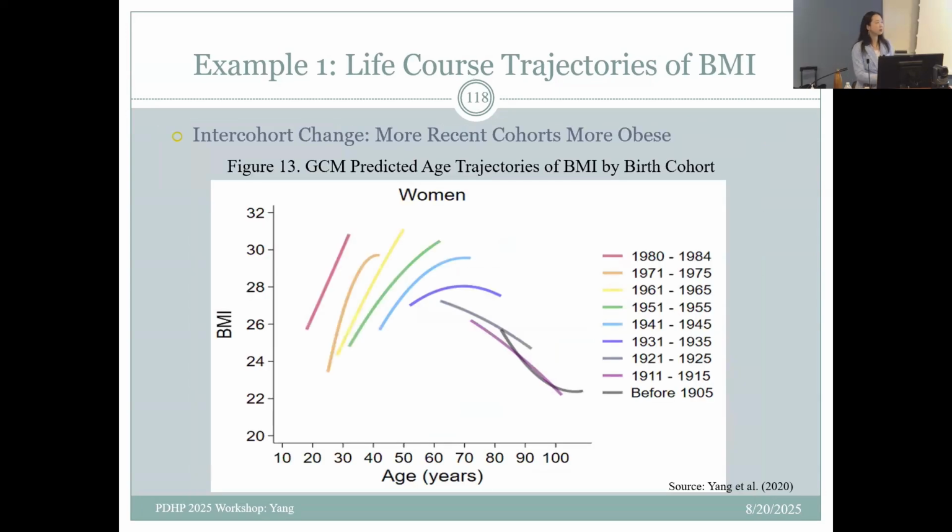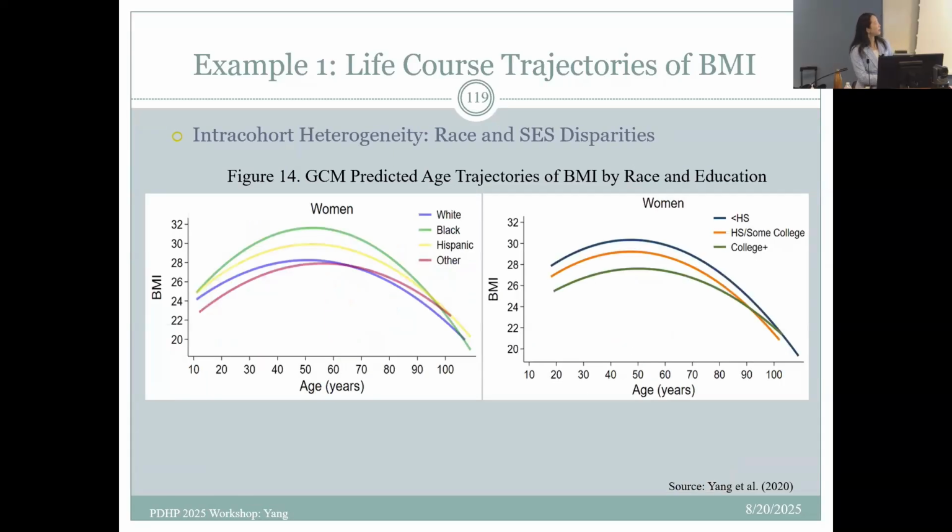Fitting the growth curve models, we first test the inter-cohort change hypothesis, where we see clear evidence of that: more recent cohorts are more obese, as indicated by higher mean BMI, as well as steeper rates of increase with age across successive cohorts. And then we test intra-cohort heterogeneity by race and SES disparities here.